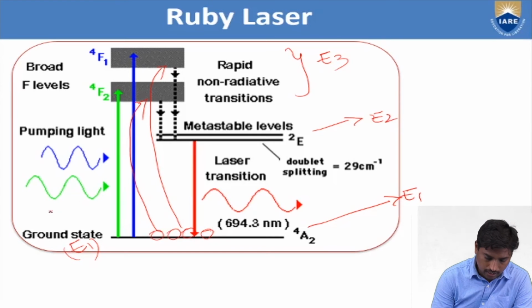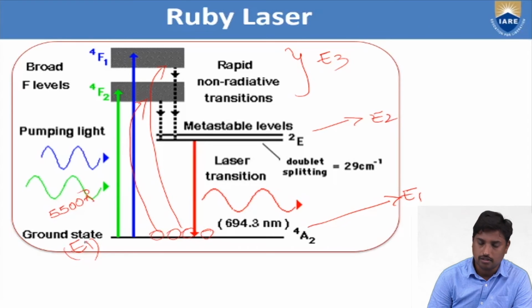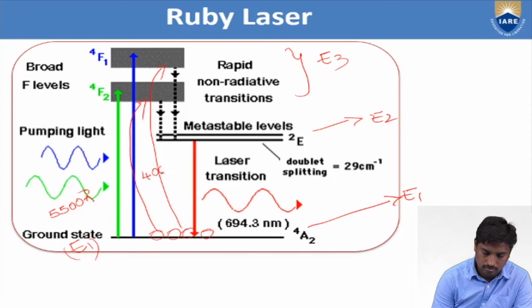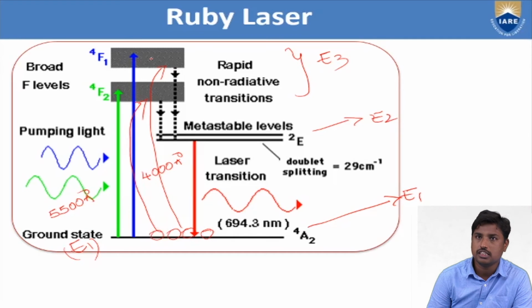So chromium particles absorb 5500 angstrom, nothing but green absorption, and 4000 angstrom wavelength, and are excited to the higher energy states 4F1 and 4F2.